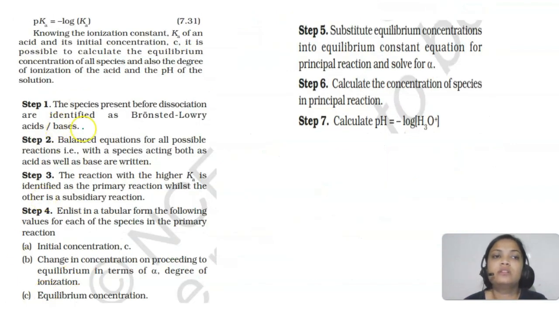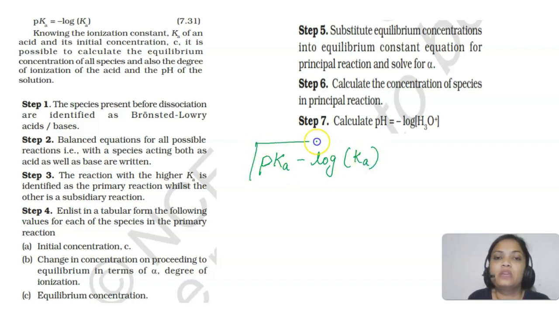So now students, we will be describing another quantity, that is pKa. You know that if I am talking about pH, pOH, it is the negative logarithm of whatever we are taking. So here we are taking Ka, so pKa is equal to minus log of Ka.